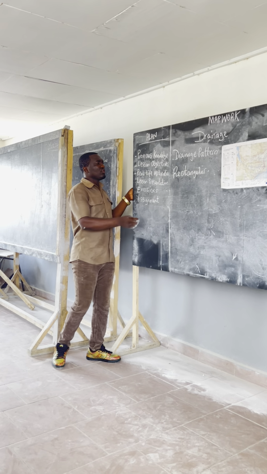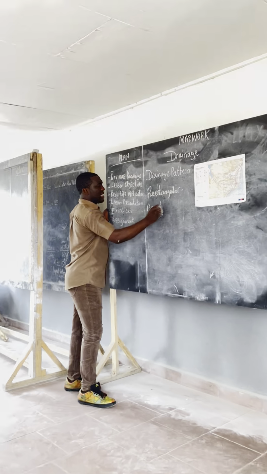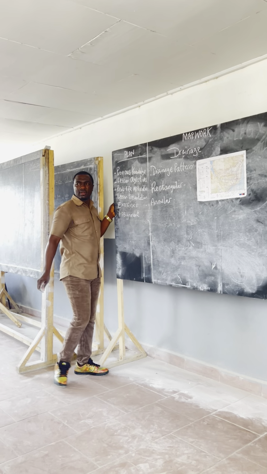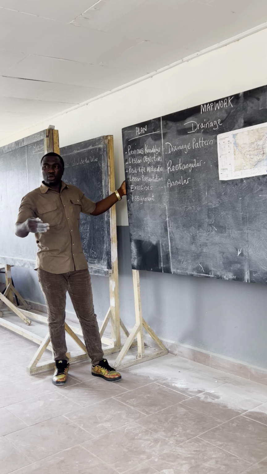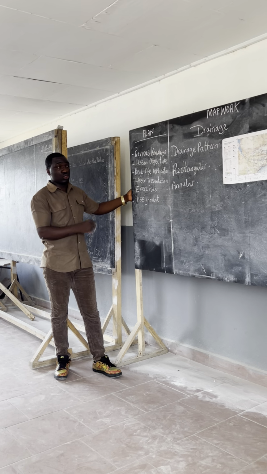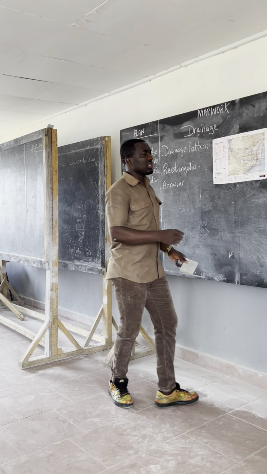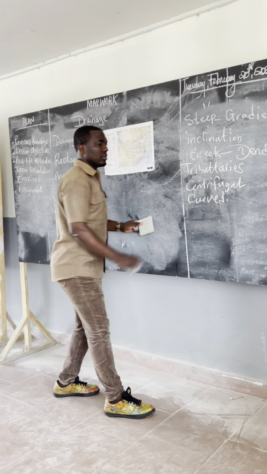We have the annular drainage pattern. Annular. Like radial, the streams from their origin flow with a curvy course. Yes, the courses are a bit curved. Yes, this is the way it is.